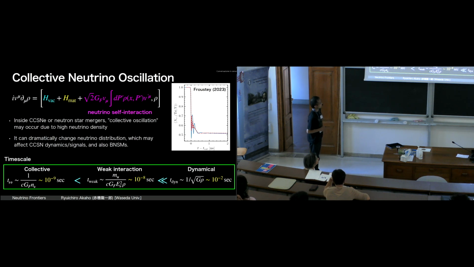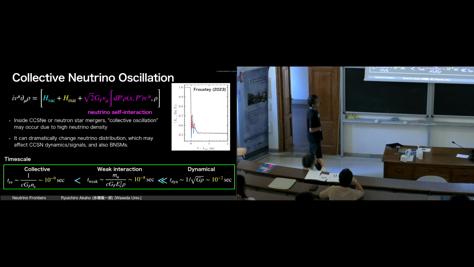Why do we have to consider this kind of collective effect? So far, core-collapse supernova simulations only consider the ordinary neutrino-matter interactions, whose typical time scale is like 10 to the minus 8 or 10 to the minus 7.